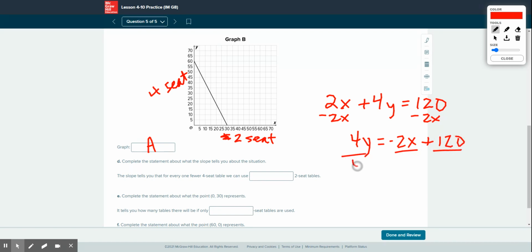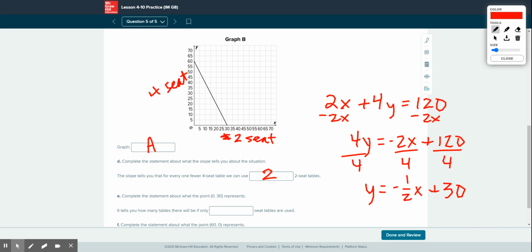Divide everything by 4. And Y equals -1/2 of X plus 30. We see what our values are. We see where the situations are. The slope tells you for every 1 fewer seat of a table, we can use 2-seat tables. We can add in 2 more of those.